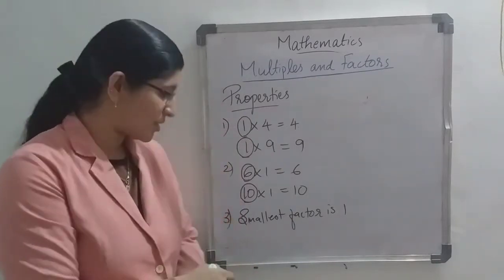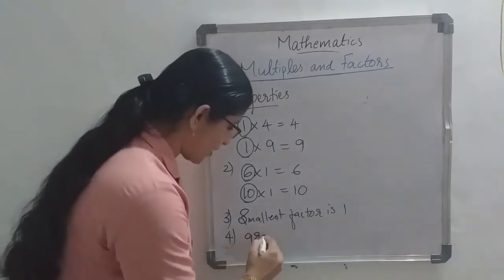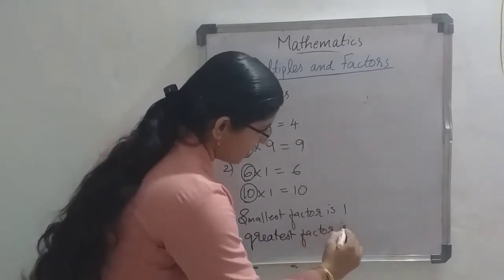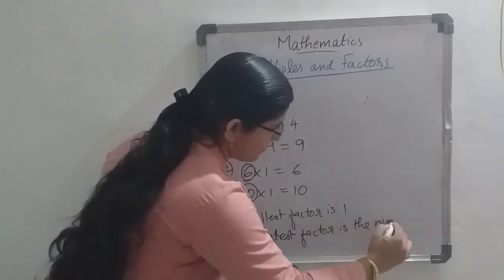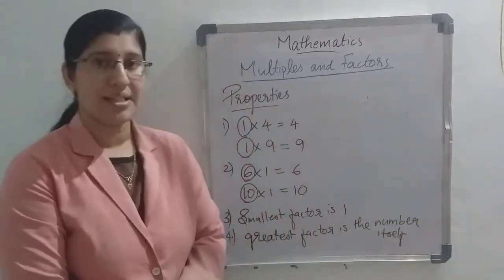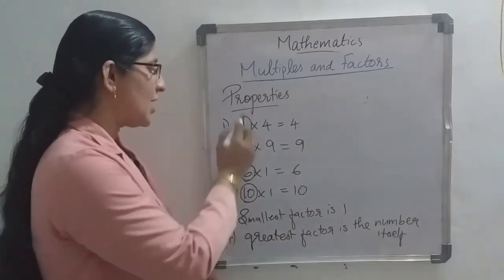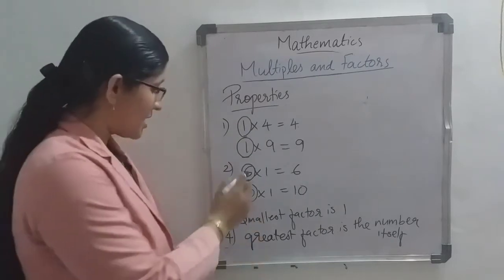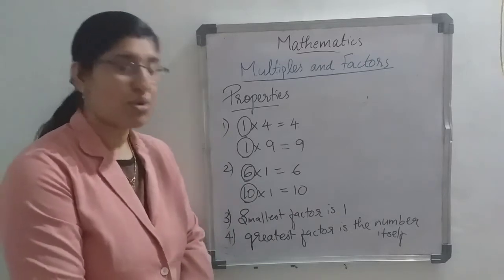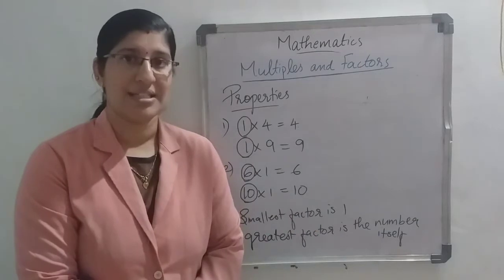The fourth property is that the greatest factor is the number itself. So these are the four properties.